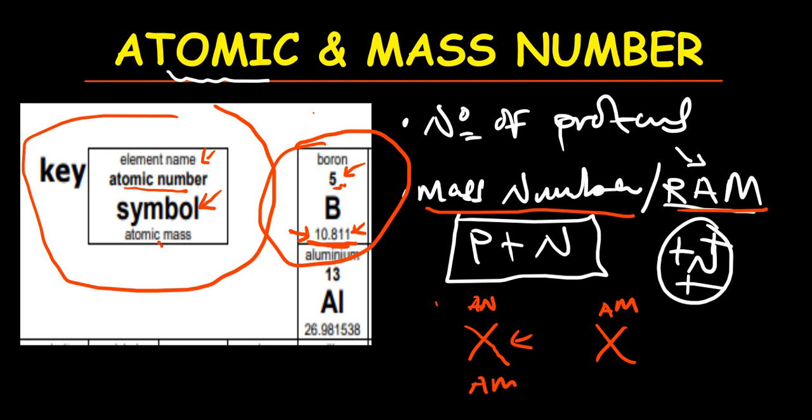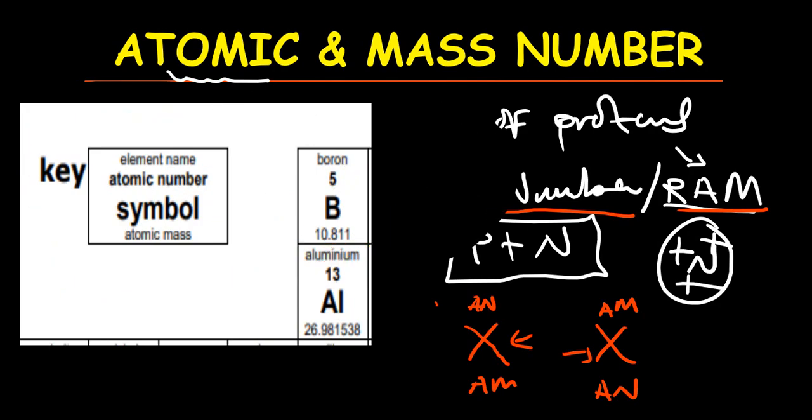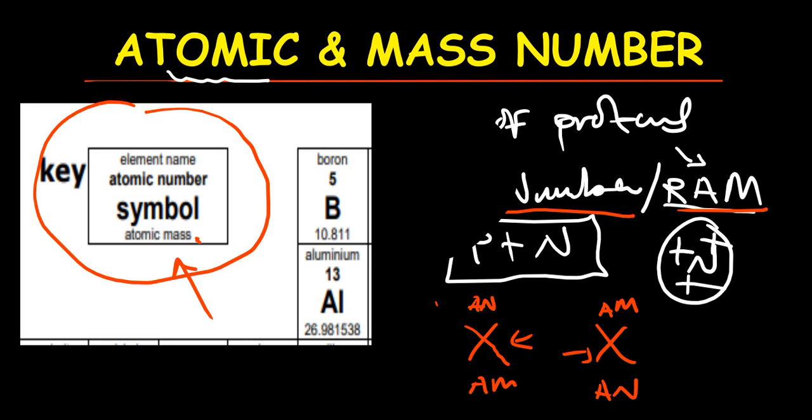So whatever periodic table you are using, check for the key so that you know how they are representing the different numbers. For the one I'm using, we have the atomic mass down and the atomic number on top. All right, so now we can solve an example on what I've explained.